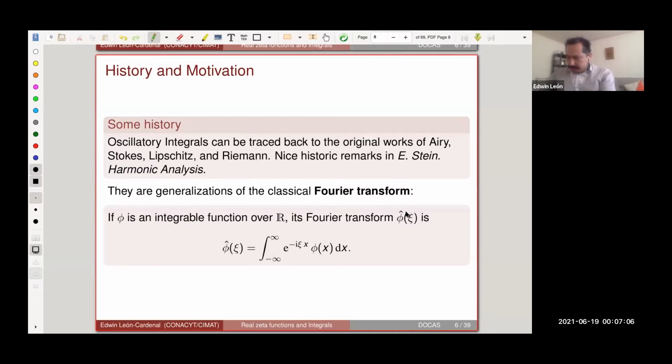For those who don't remember, here you have the definition of the Fourier transform in one-dimensional R. So phi hat is the integral of the exponential of minus i c x times phi of x.